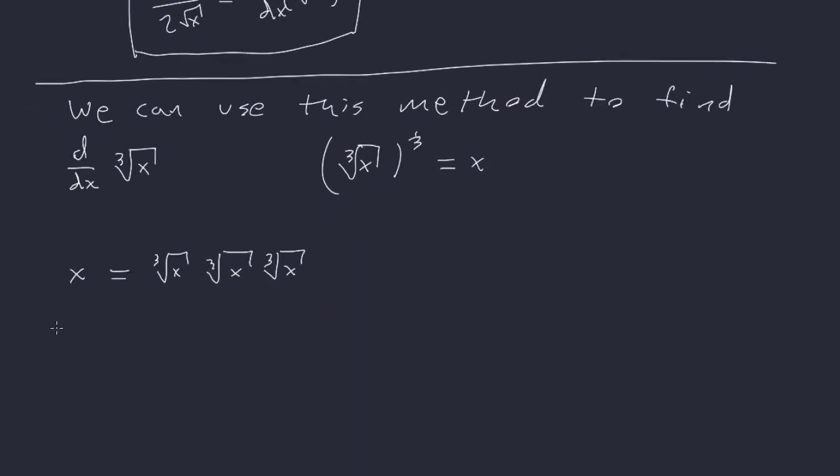Now we can just differentiate both sides. The derivative of x is 1, and for the derivative of this, we'll apply the product rule.